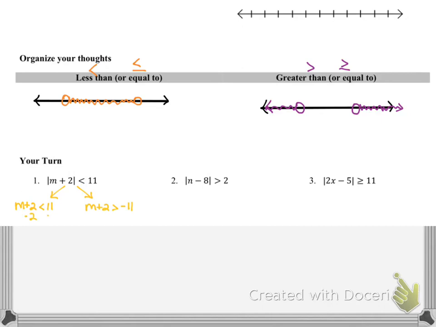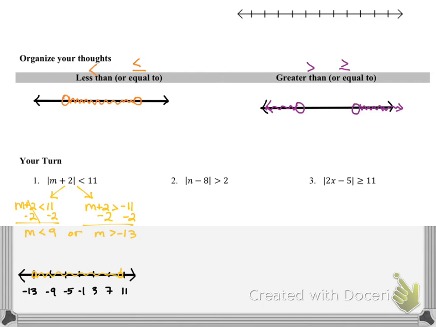And then I'm subtracting 2 on both sides, and n is less than 9, or minus 2, n is greater than negative 13. And so if you were to imagine a number line, I just found that n can be anything less than this 9 and anything bigger than this negative 13.